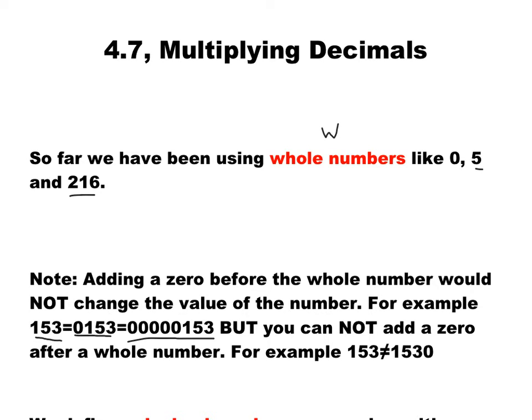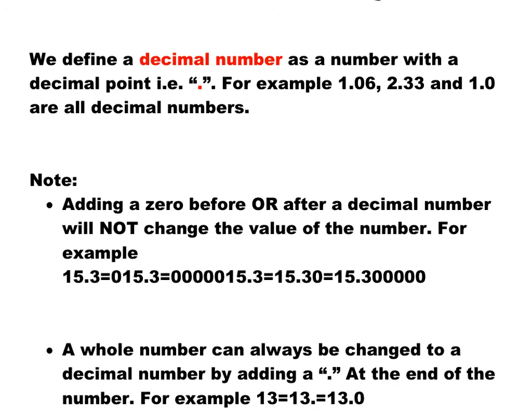But you cannot add a 0 after a whole number because the number changes. For instance, 153 and 1530 are totally different numbers. So remember, with a whole number, you can add 0 before the number without changing the number.